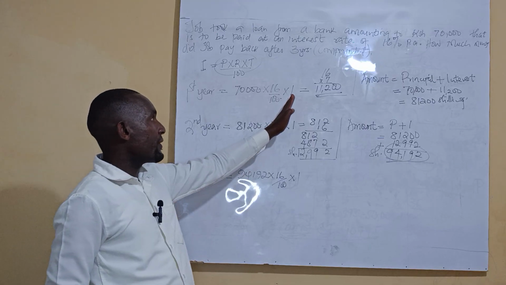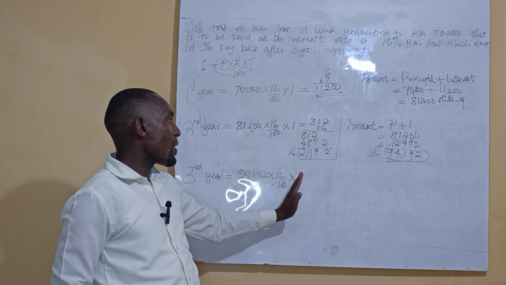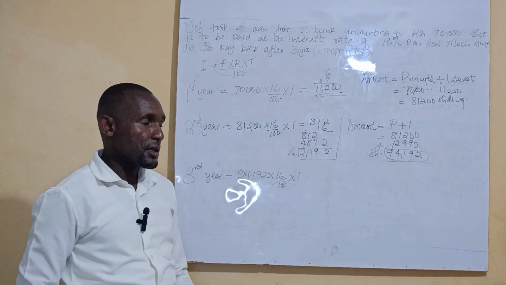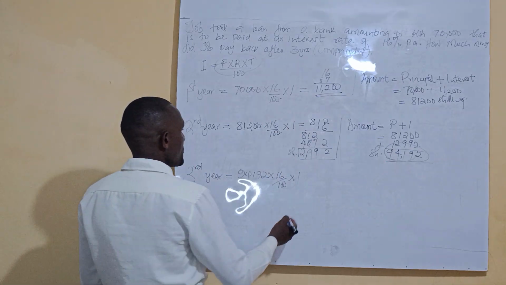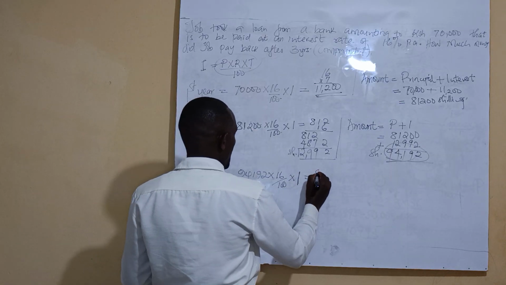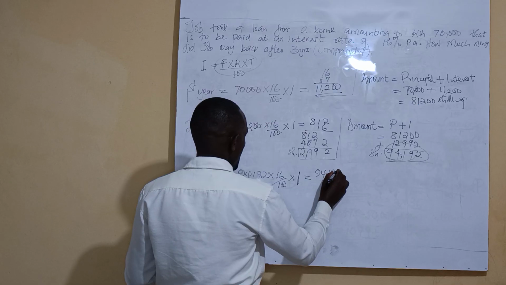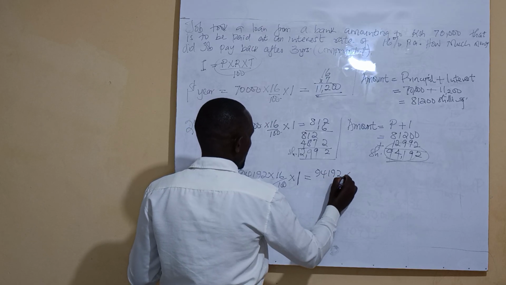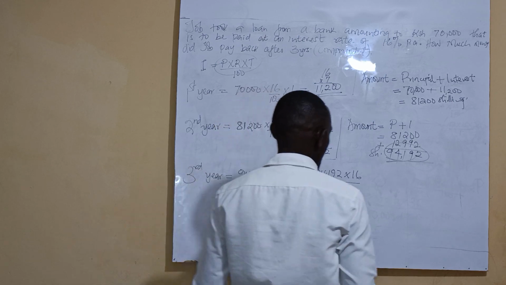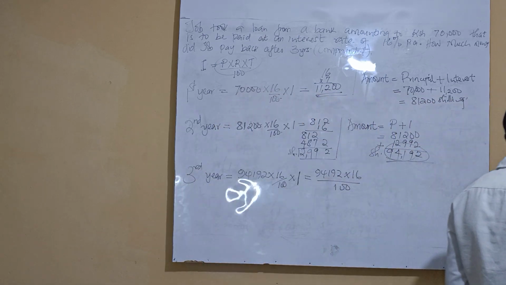So you can see I have the first year, the second year, and the third year. So in this case, now from there you can simplify. This one cannot be simplified, so you just need to multiply 94,192 by 16, and you divide by 100. So you can take your calculator.